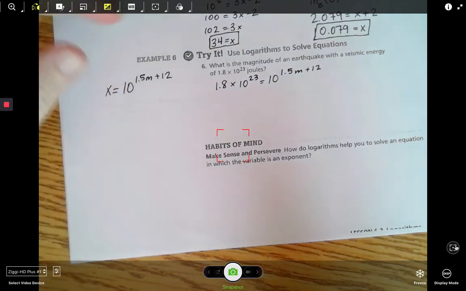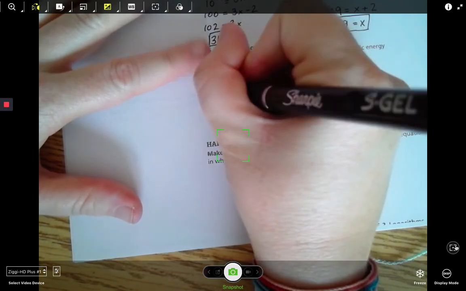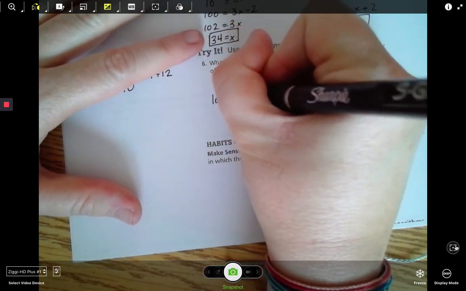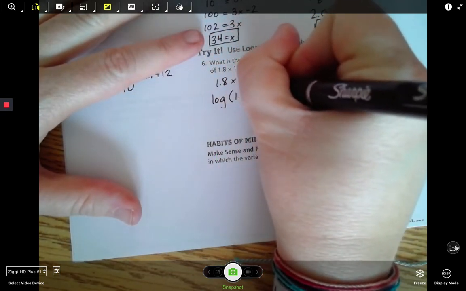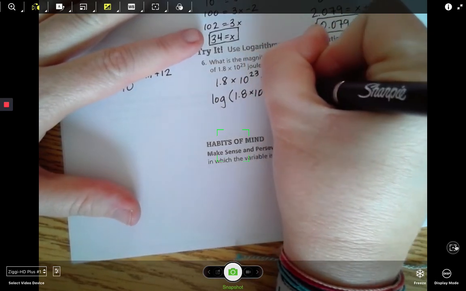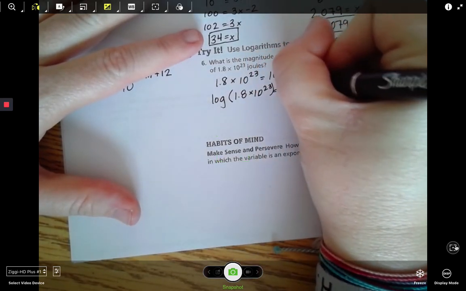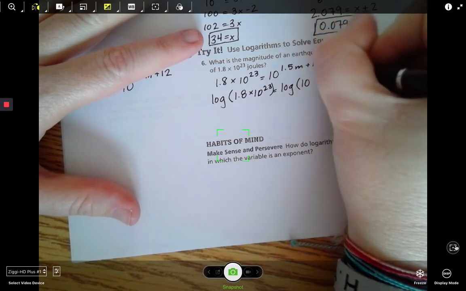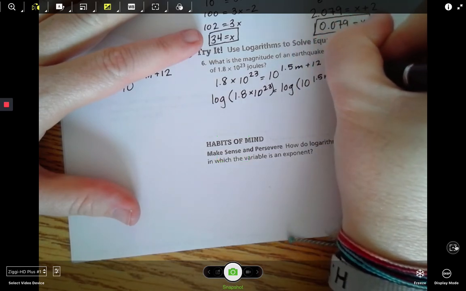All right, we take the log of both sides. So I've got the log of 1.8 times 10 to the 23rd is equal to log of 10 raised to the 1.5 M plus 12.